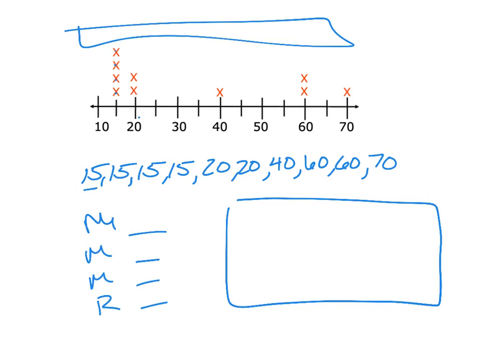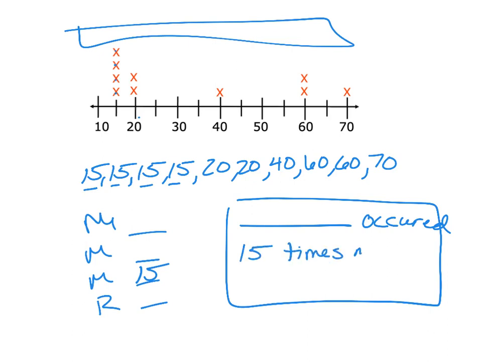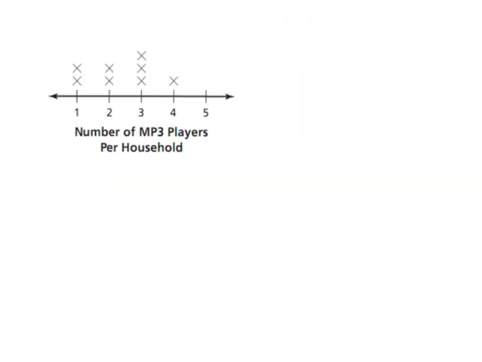So these 4 are my 4 15s, which is clearly my mode. So whatever it was occurred 15 times most often. There's a sentence interpreting the data.